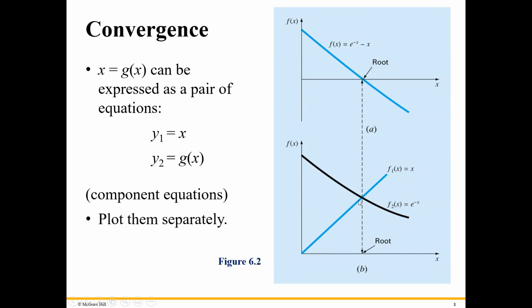The point where these two curves intersect is the solution. It is the approximate solution by the graphical method, which is the same as where the function intersects the x-axis at a value of f of x equal to 0. So this is another way of representing this method.